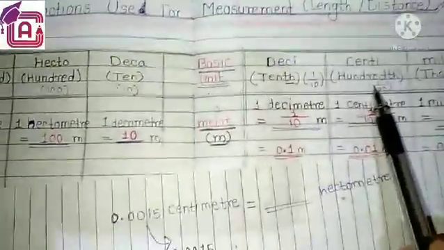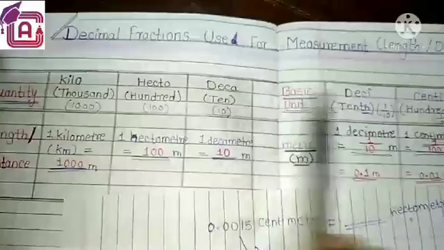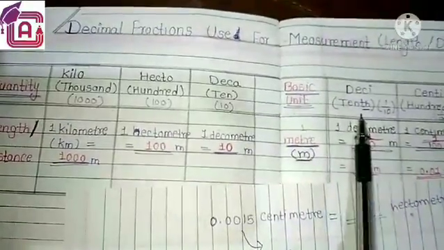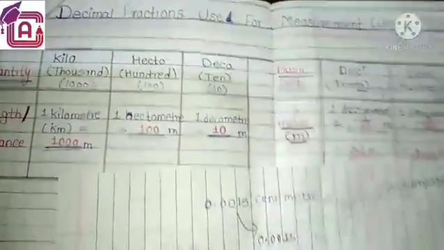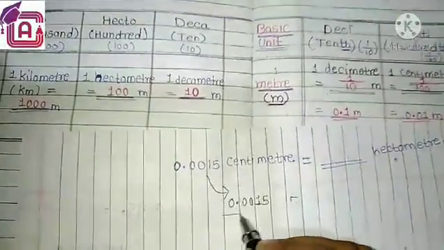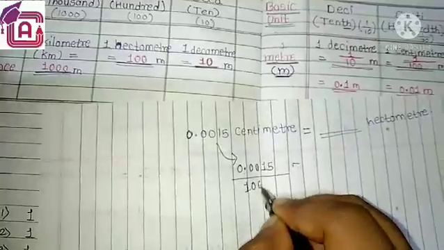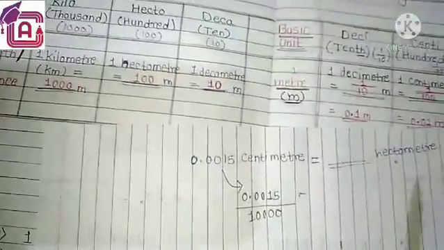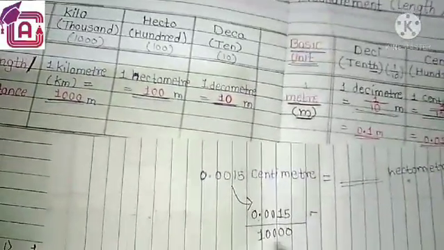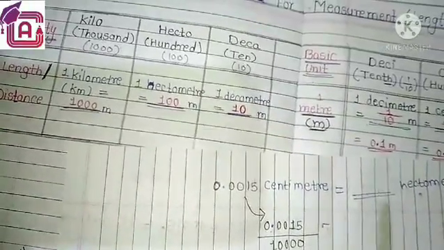Centi to hecto means we are going towards the left-hand side, from right to left. 1, 2, 3, 4 places. So first write down this number as it is. In the denominator, how many zeros do we have to put? 4 zeros on the 1.